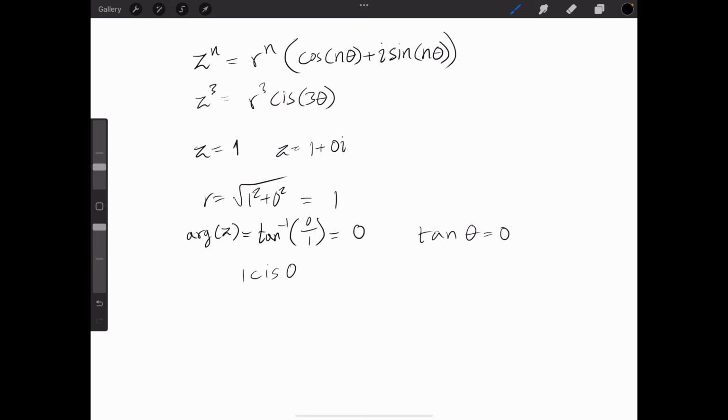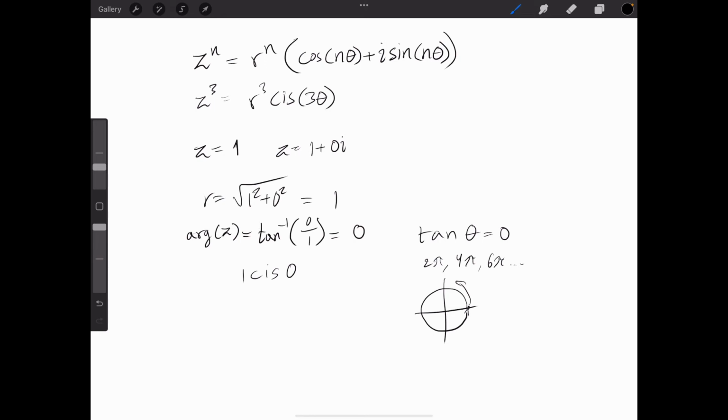Or you can have 2 pi, because it's just a full rotation. If you have a plane, it starts over here, which is 0, then you have a full rotation, then you go back to the same point with 2 pi. You can have 4 pi, which is just doing the same thing another time. 6 pi, and it goes on, right? And it gives you the same result each time because that's how polar form and trig work.